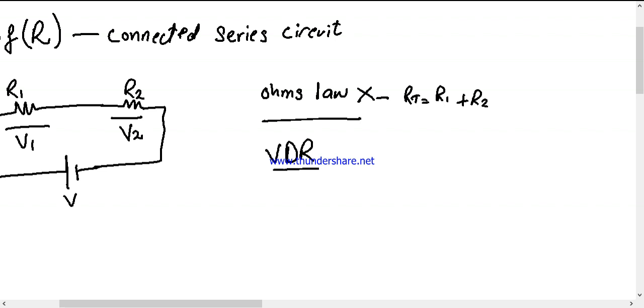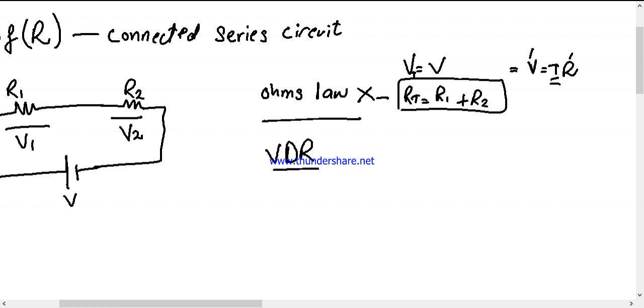Then we have the total voltage VT equals V. So we can calculate the current from V equals IR, using the resistance and the voltage, and then we know that in a series circuit the current I remains the same.